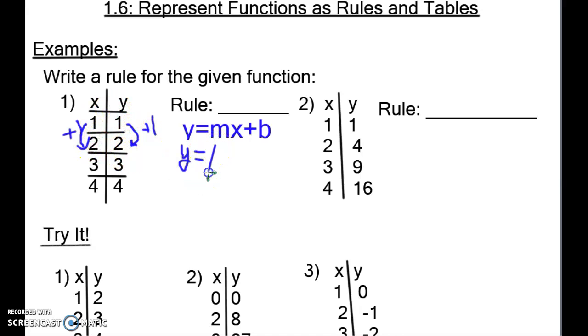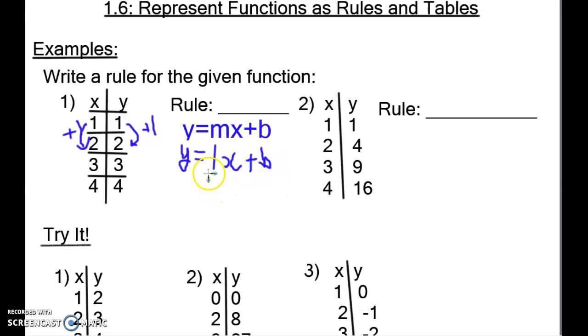So the slope would be 1, x plus b. So your equation so far has the m, your variable, and the equation you're solving for. So the only thing left is the b value. So let's go ahead and solve for that.